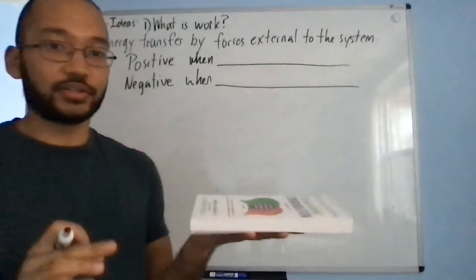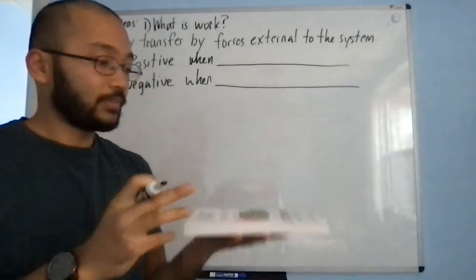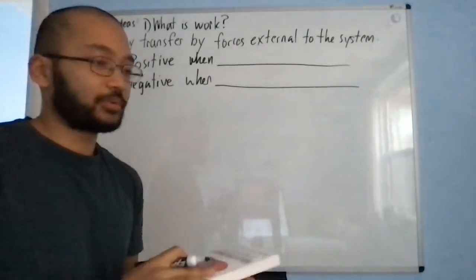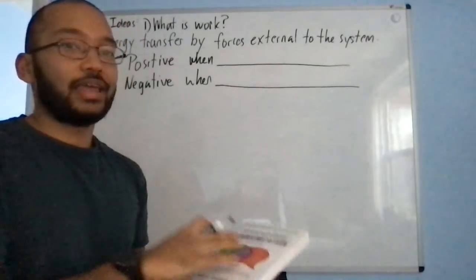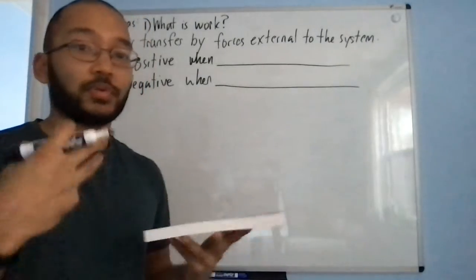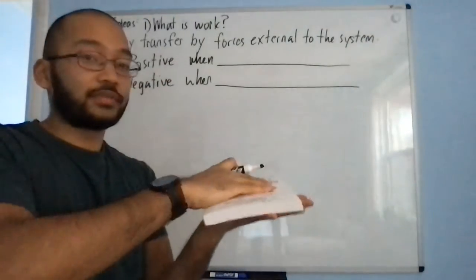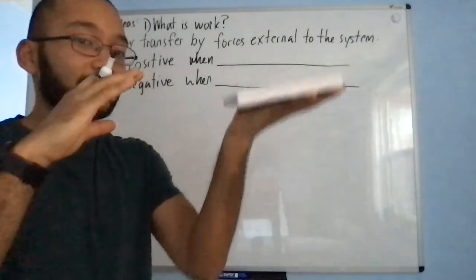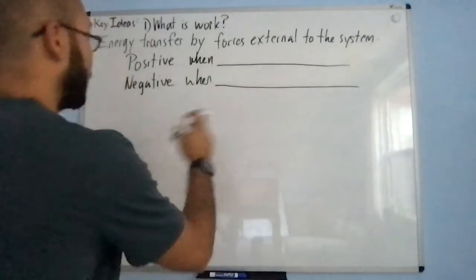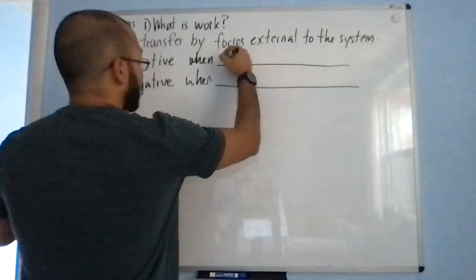So I want to return to this example. When I throw this book up, am I increasing the energy of the system or decreasing the energy of the system? When it starts off at rest and I exert a force on it, accelerating it, then I'm increasing the energy. We say the work is positive.